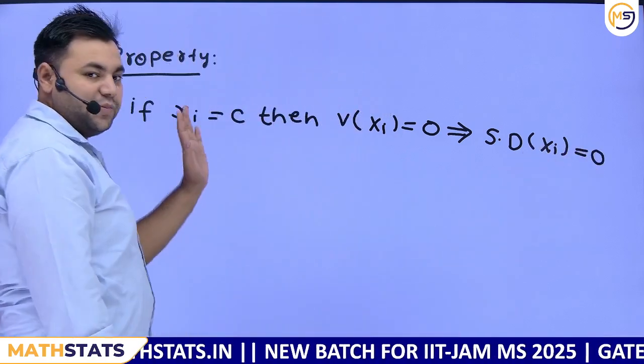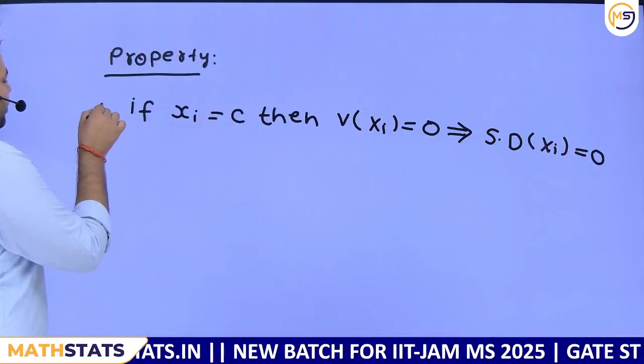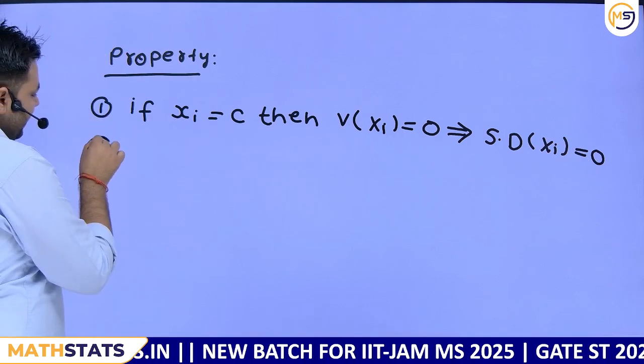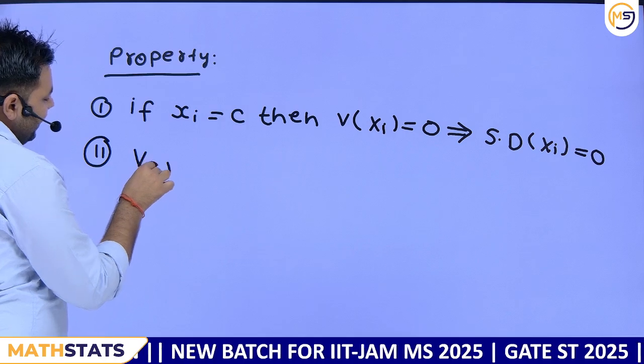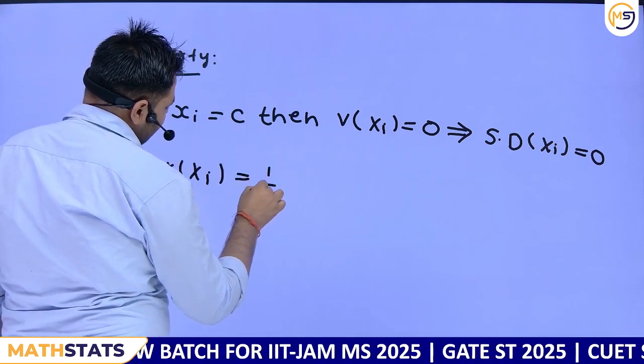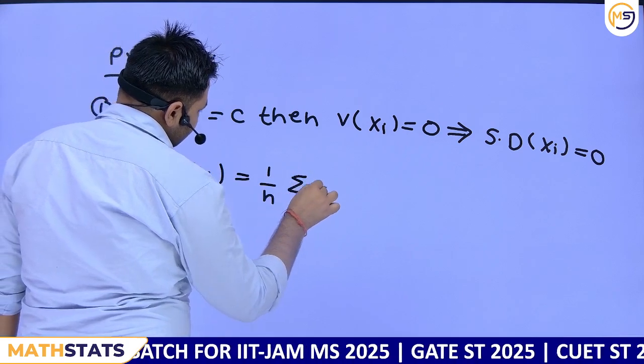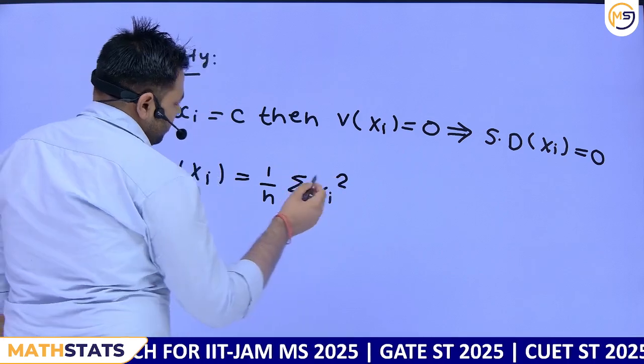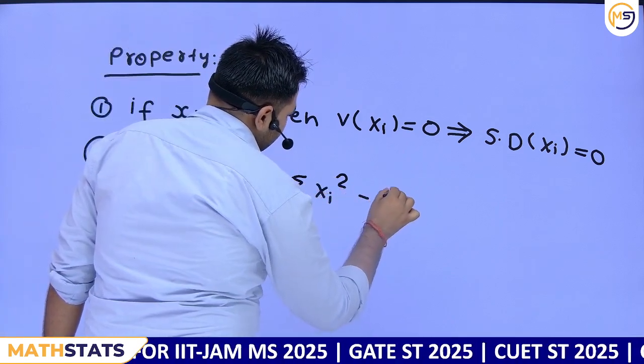You can prove this easily. Second property: variance of xi is also expressed in this way, 1 by n summation of xi square minus x bar square, i equal to 1 to n.